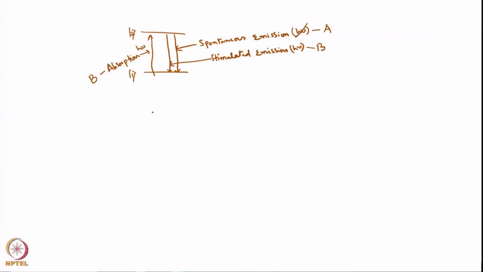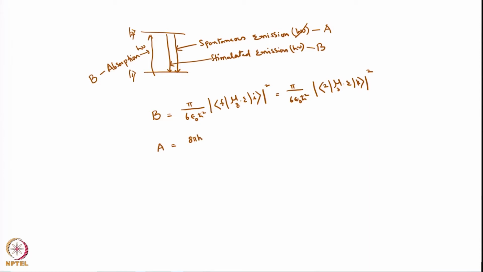The final equations we came to in the last lecture were: B equals pi by 6 epsilon naught h bar square times the transition moment integral of mu z along the electric field, whole square, and A was nothing but 8 pi h nu cube by c cube into B.